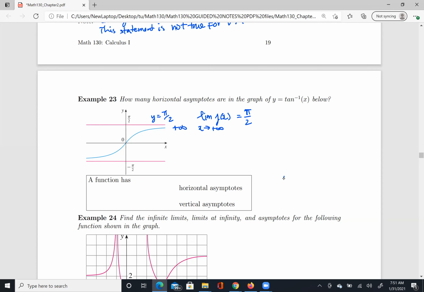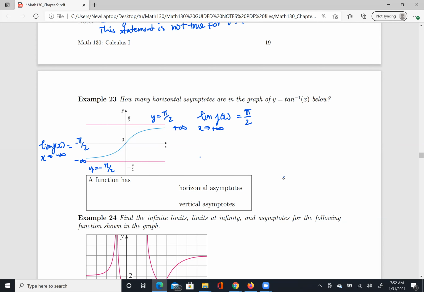For x going to negative infinity, you can see that the graph goes along with the line y equal to negative pi over 2. So we say the limit of f(x) when x goes to negative infinity will be equal to negative pi over 2.